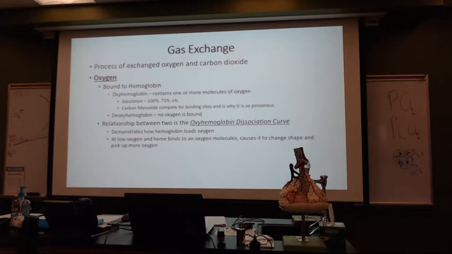Now, do you guys remember how in this hemoglobin, these are my protein chains, okay? And the protein chains could pick up CO2 if they need to, but they don't want to.